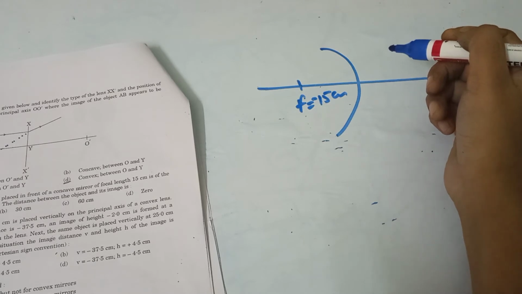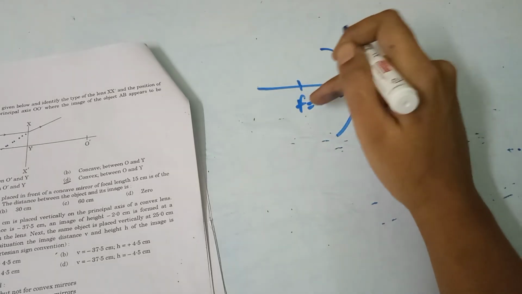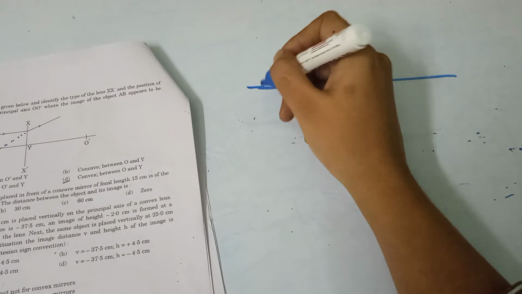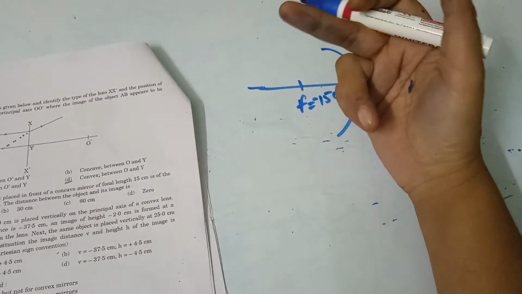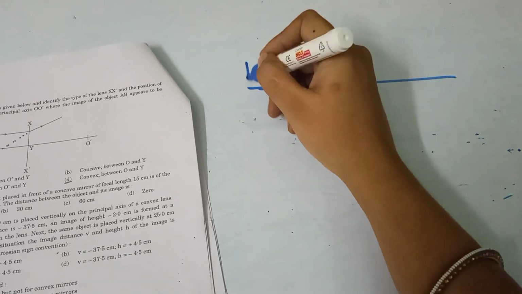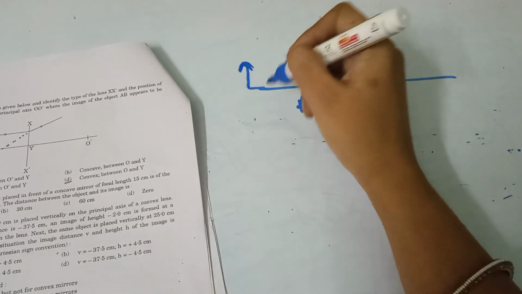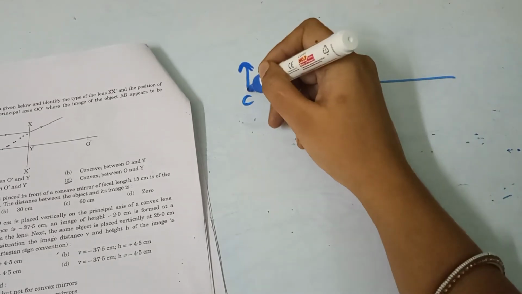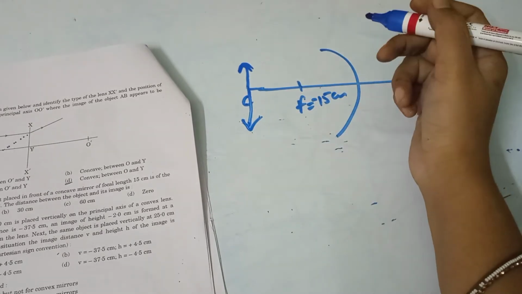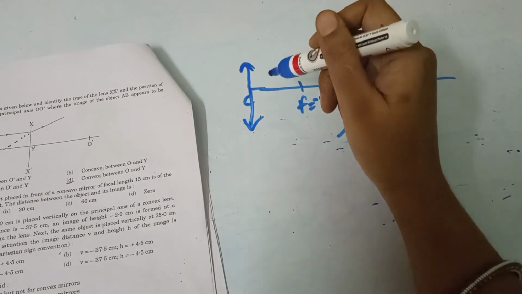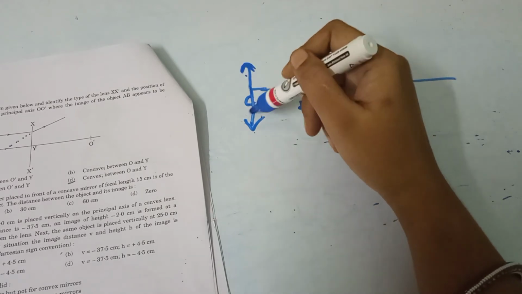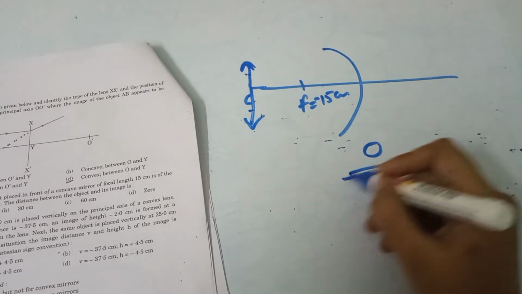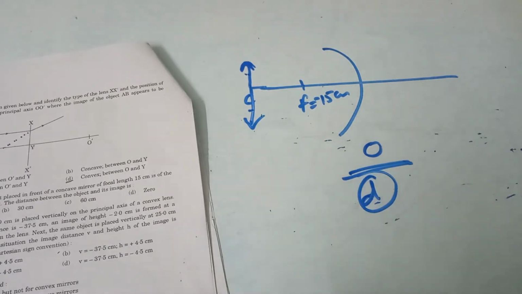The image is the same size as the object. So if the object is placed at the center of curvature, then the image will be formed at the center of curvature. And in the question they are asking the distance between the object and the image, so it is 0 distance. So D is the right answer.